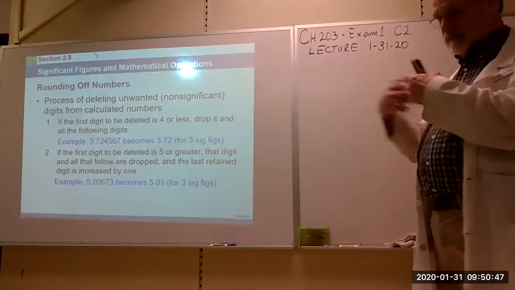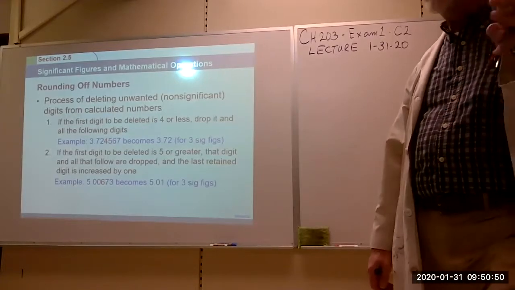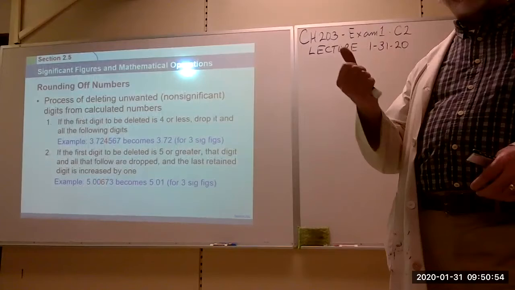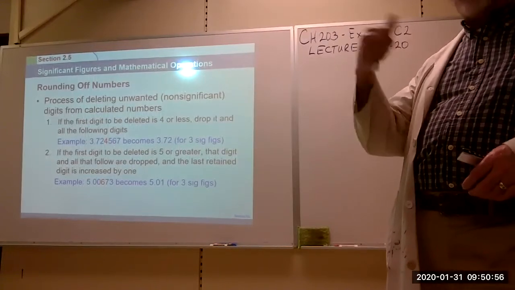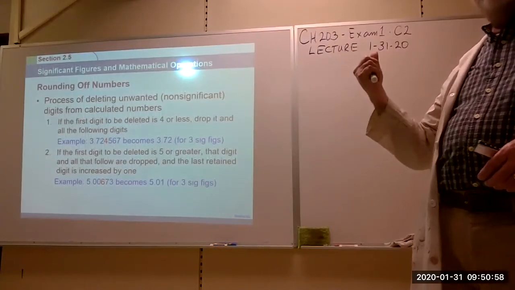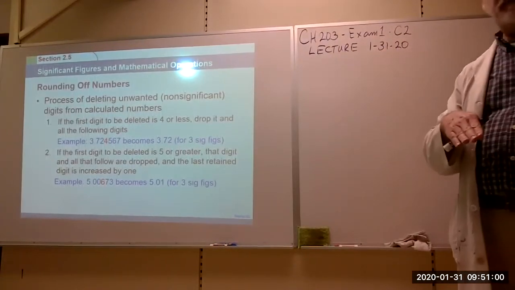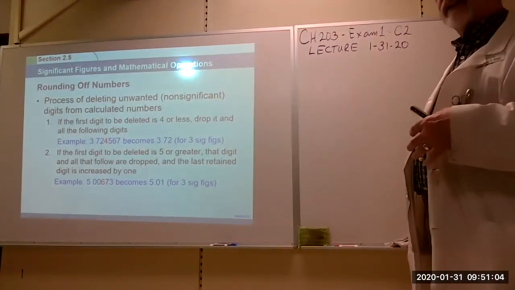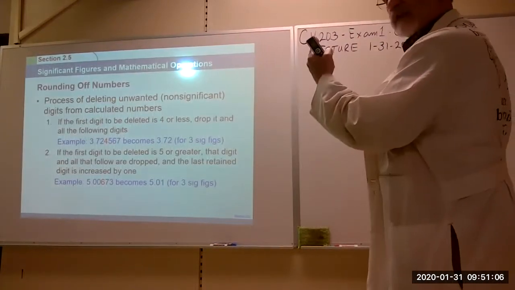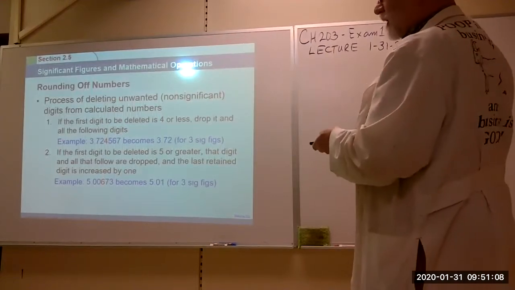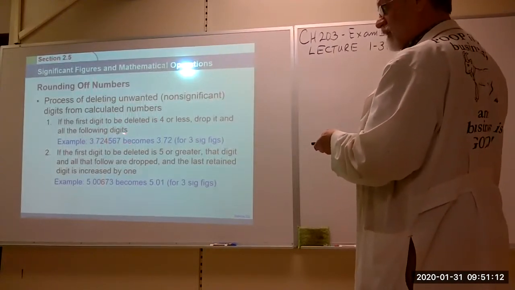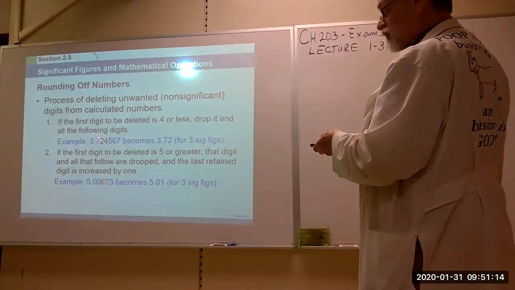And in this class, we're going to keep it really simple. It's like the one you learn in grade school. 5 or more, you round up. Less than 5, you round down. Now, that doesn't mean you round the 5 up or the 5 down. You round the one right to the left of it. So if we're going to keep 3 significant figures in this number, they're all non-zeros, so we count from the left, 1, 2, 3.